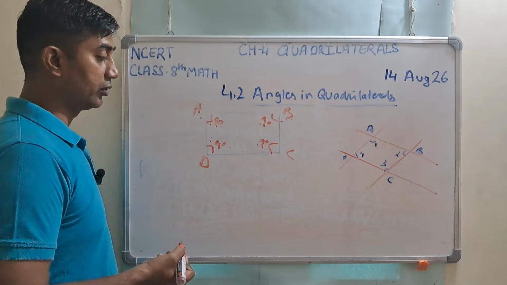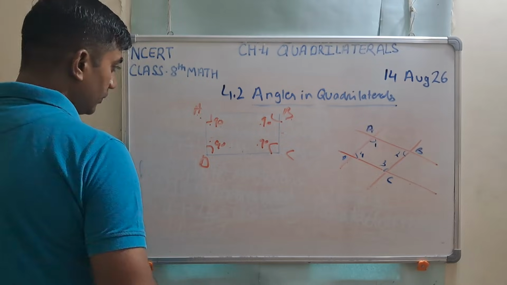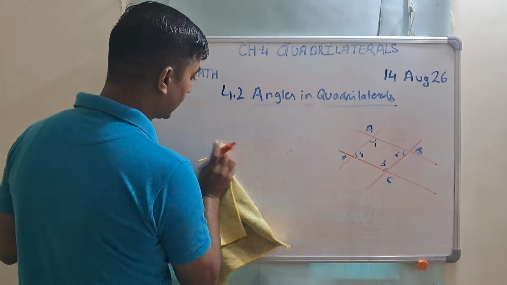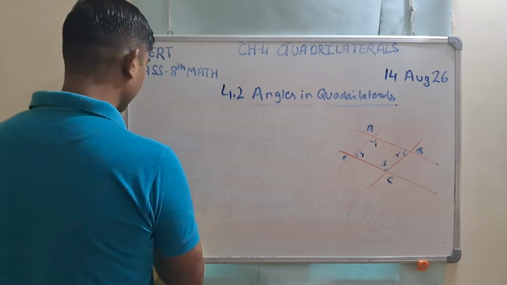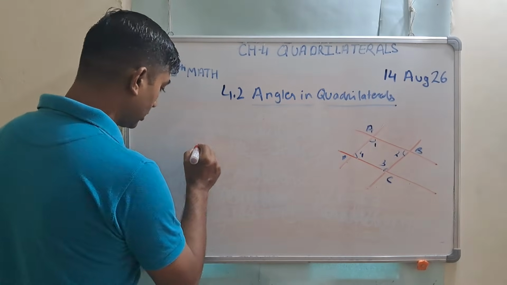All rectangles are parallelogram. If we see the Venn diagram, then we come to know that all the rectangles are parallelogram. Means how we have represented a square.